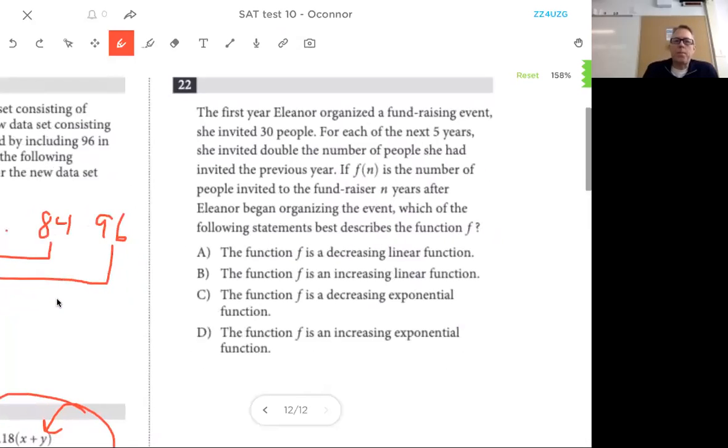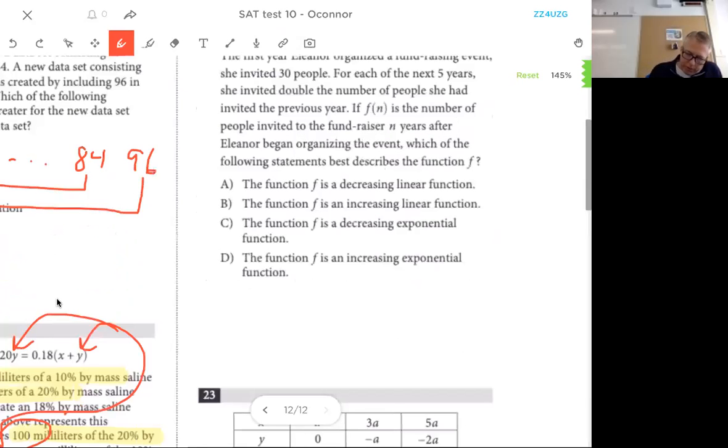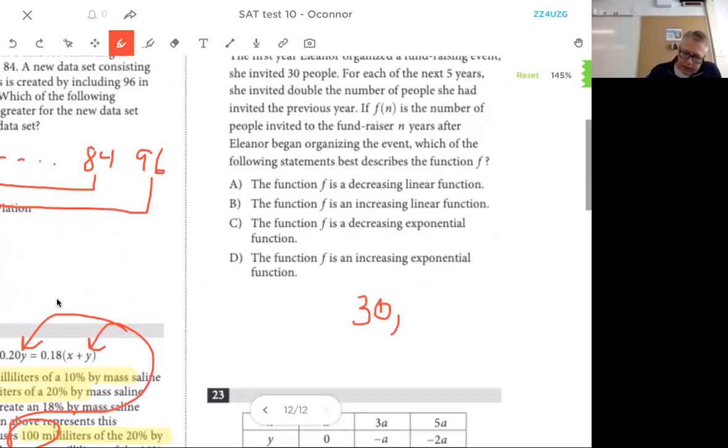For problem number 22, it says the first year, Eleanor organized an event. She invited 30 people. For the next 5 years, she doubled. So she had 30 the first year, then doubled it to 60 the next year, and it kept doubling to 120 and 240 and so on.